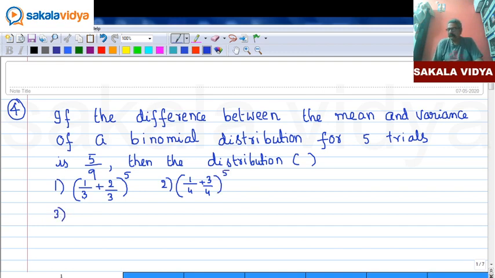Third option: (2 by 3 plus 1 by 3) whole to the power of 5. Fourth option: (3 by 4 plus 1 by 4) whole to the power of 5.